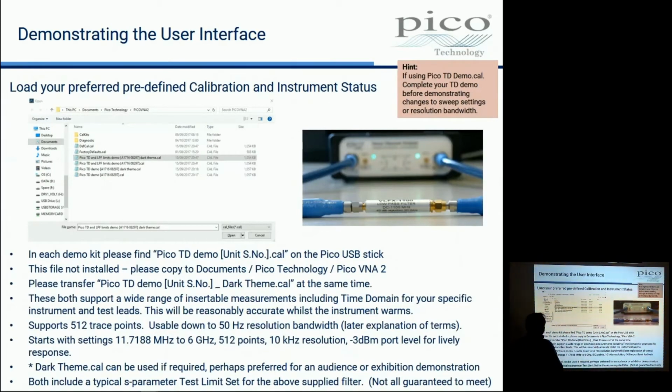Next, I'd ask you to load predefined calibration and instrument status. So I said earlier that we don't want to be starting a demonstration with a calibration. So that you can demonstrate a calibration of your VNA, your DUT and your test leads, Paul Bonser has prepared calibration files for your particular instrument and your particular test leads in your demo kit.